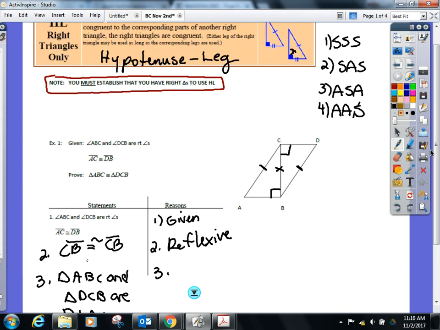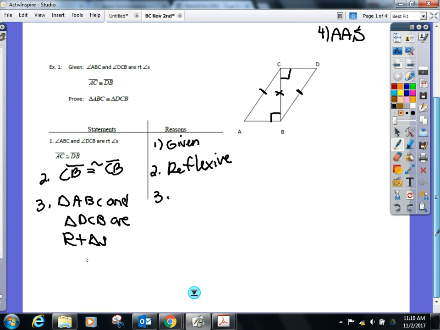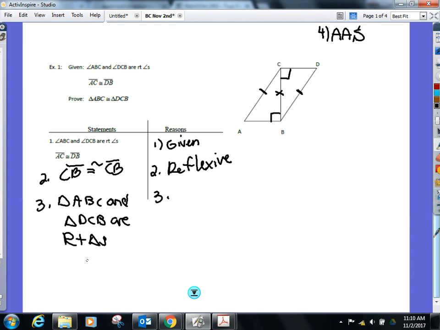If you've decided to use side, angle, side, anything with an angle, then yes, I would need to say the right angles are congruent. All right, well, why are they right triangles? Because they have? All right, so right triangles, here's our reason. Right triangles have right angles. There it is. Short and sweet.